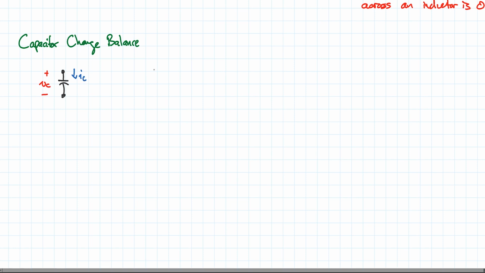And we know that the relationship between capacitor current and voltage is this derivative relationship. And that means the voltage across the capacitor, Vc of t, is equal to 1 over c, integral from 0 to, let's say, some arbitrary time t, of Ic dt plus any initial voltage that was on the capacitor.